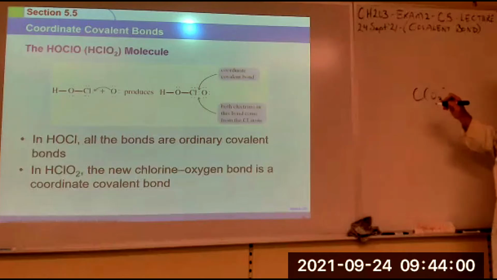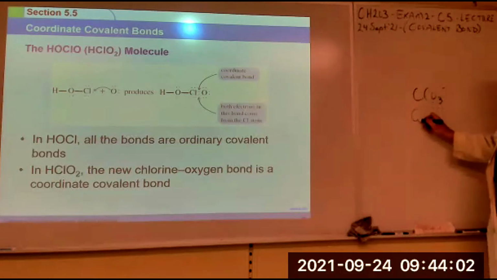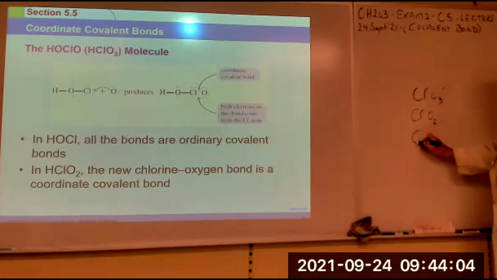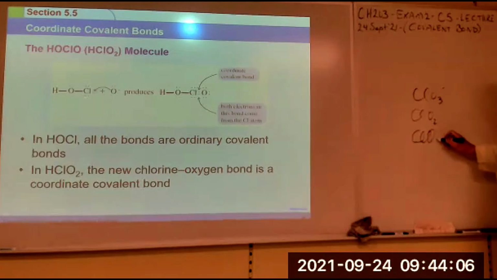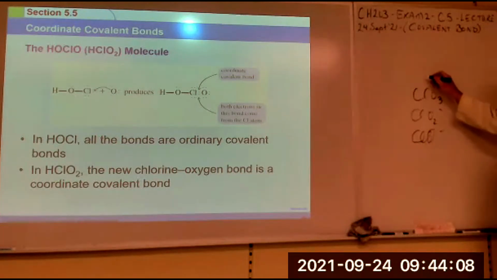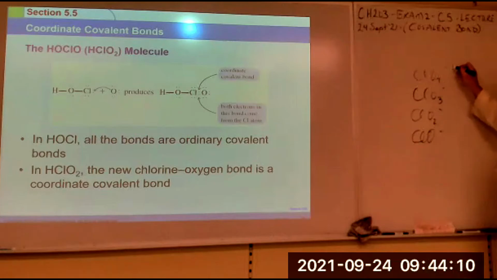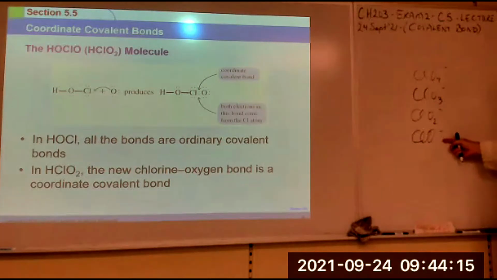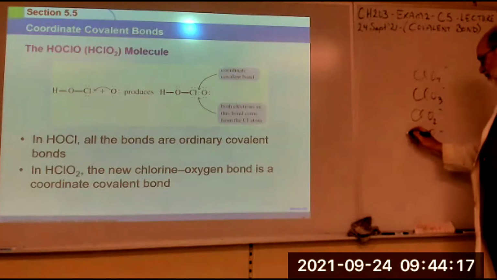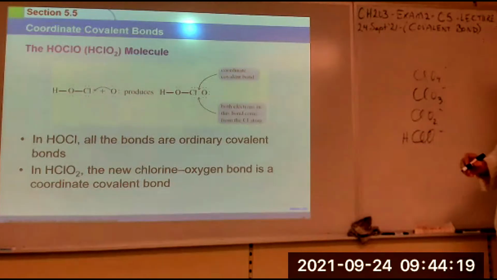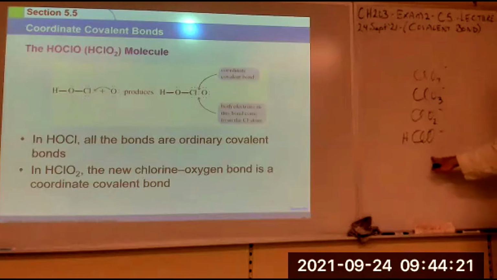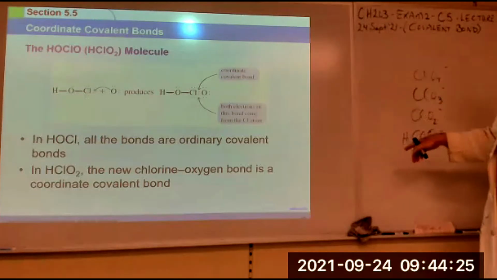Started off with that one, and then we take away an oxygen, and we take away another oxygen, right? And then we add an oxygen here, right? So this is chlorate, chlorite, hypochlorite. Just add hydrogen, right? If you put it in water, that would be hypochlorous acid. So there's your HOCl right there.